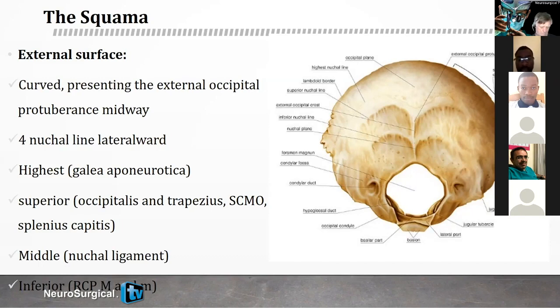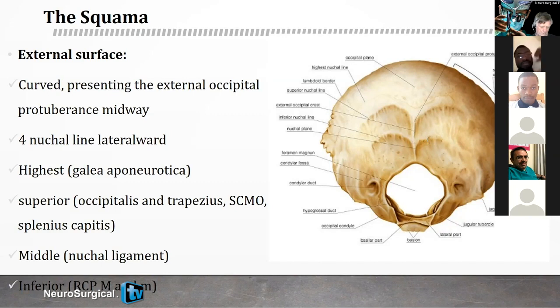We have the superior nuchal line, which gives attachment to 4 muscles: the occipitalis, the trapezius, the sternocleidomastoid, and the splenius capitis. Above the highest nuchal line and the superior nuchal line, we have the occipital plane, and just under these 2, we have the nuchal plane.